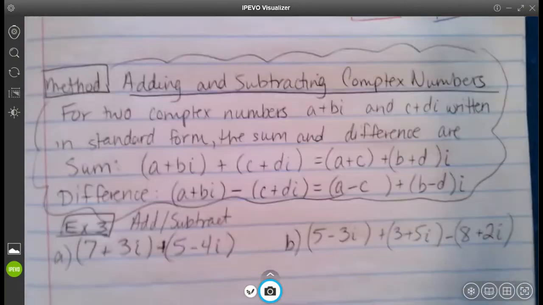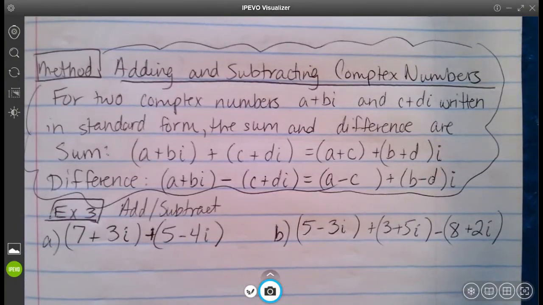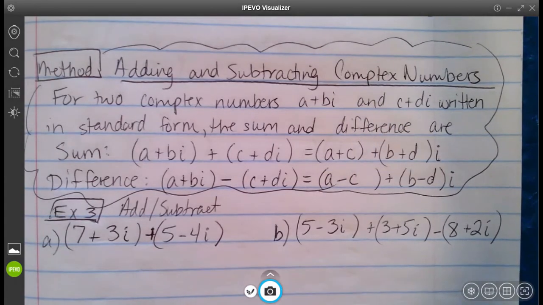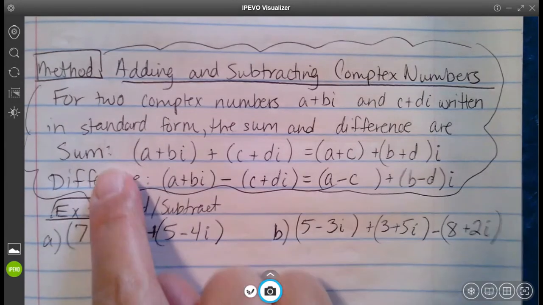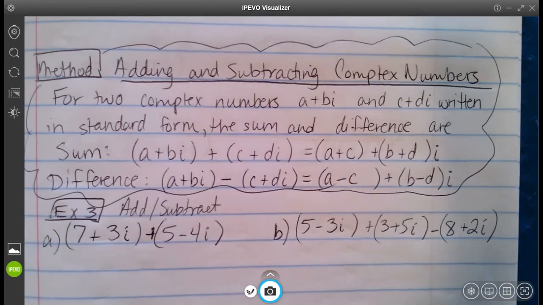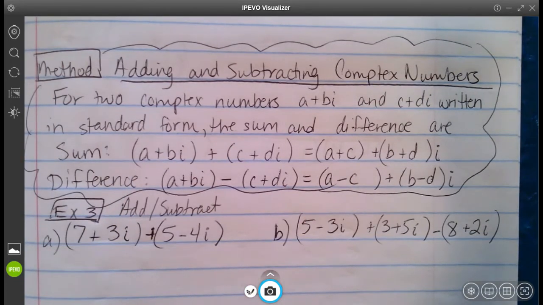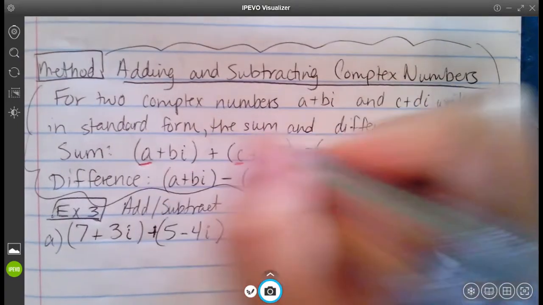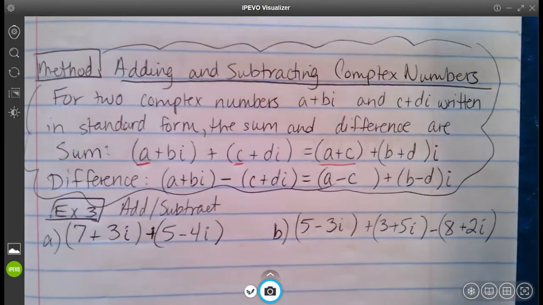Okay, now we have adding and subtracting complex numbers. So when we add and subtract numbers of this form, so same form as before, written in standard form, the sum and the difference are as follows. The sum is going to follow where we take our real parts. So you can see that the a here and the c here get combined, okay?